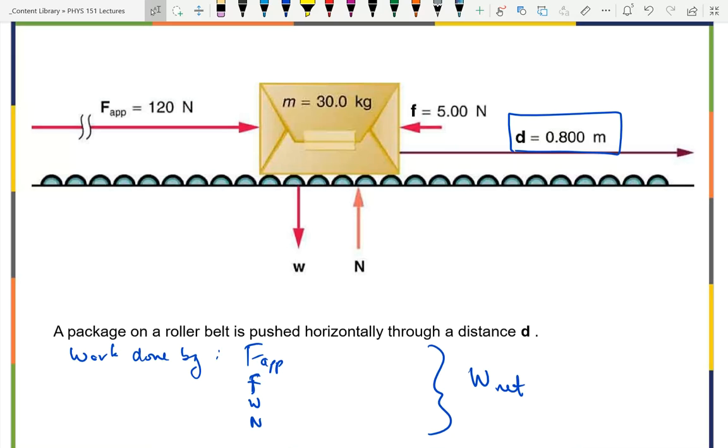Alright, so look. Force applied is force times distance, 120 times.